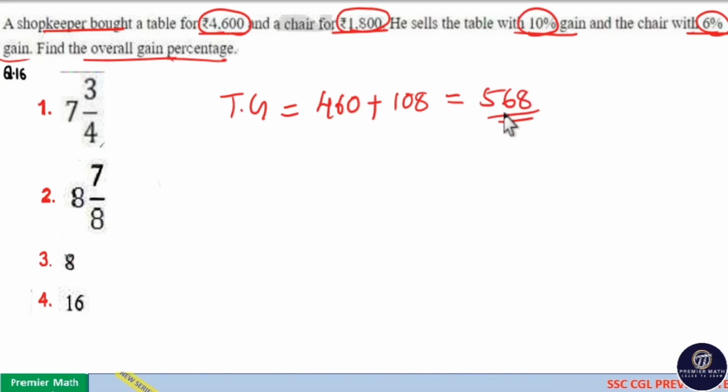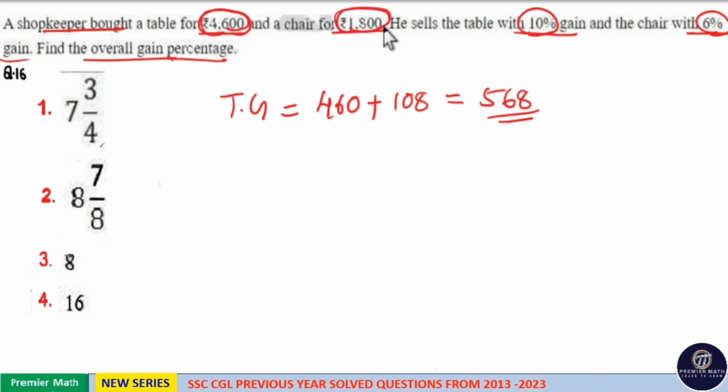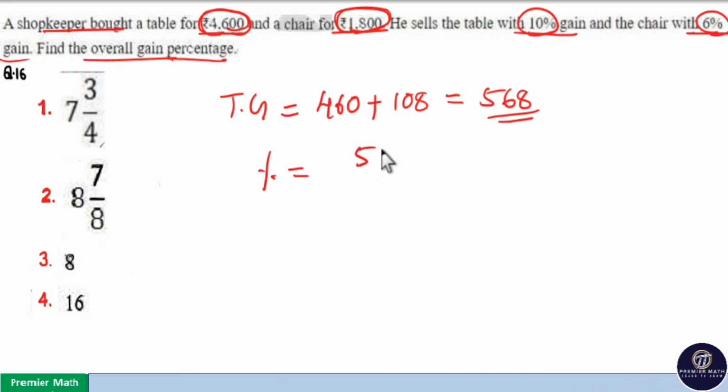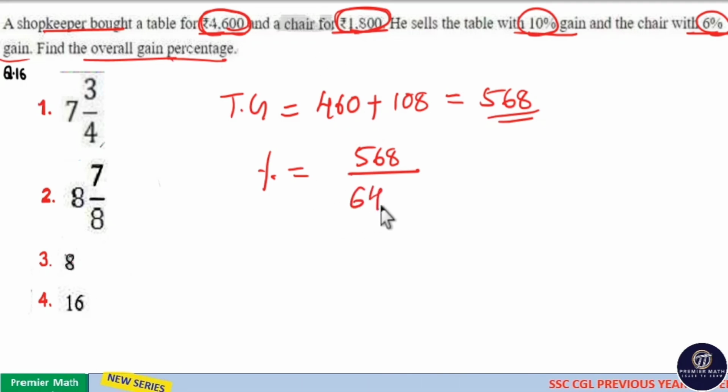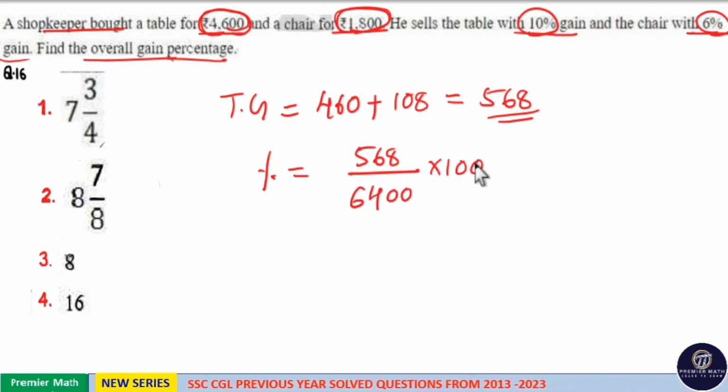Now this 568 rupees is out of this 4,600 plus 1,800. So percentage gain is equal to 568 is the total gain upon this 4,600 plus 1,800, which is equal to 6,400 into 100.